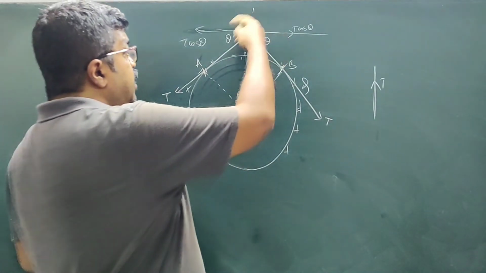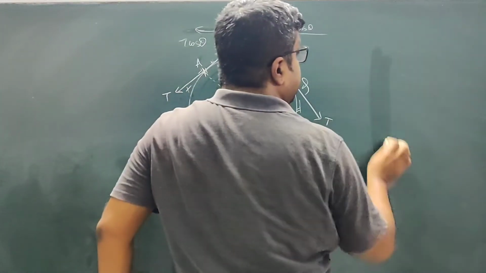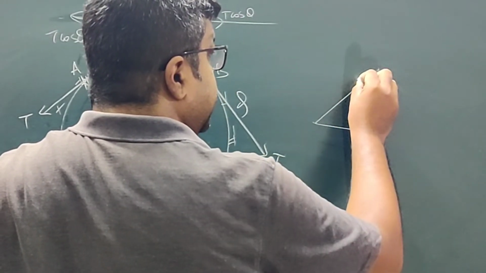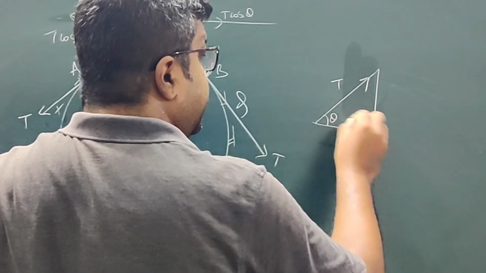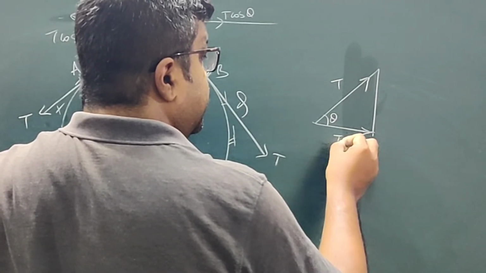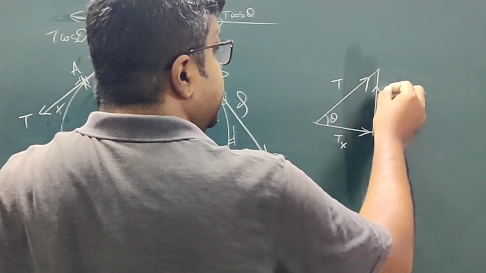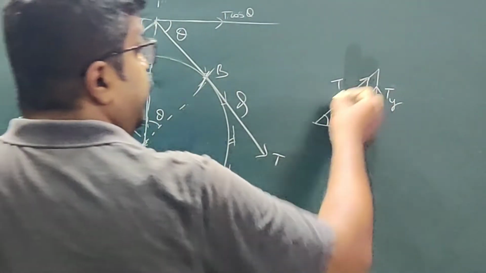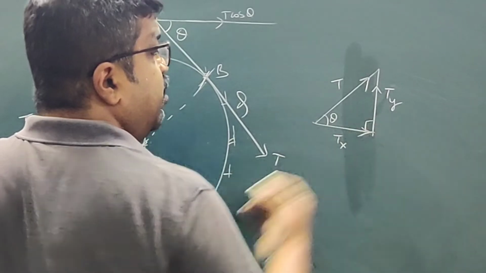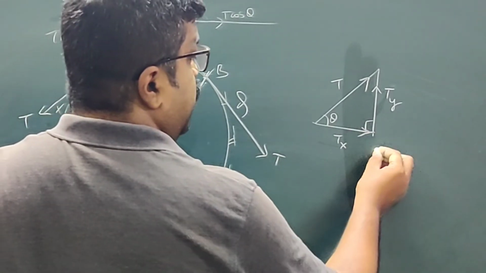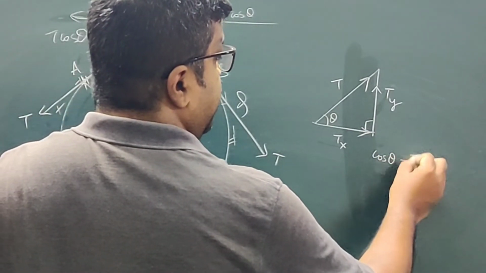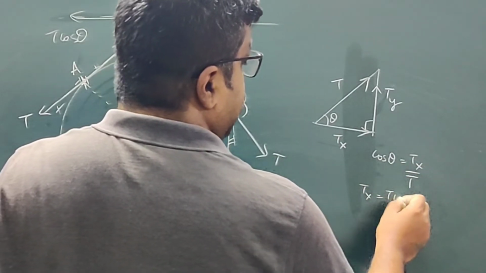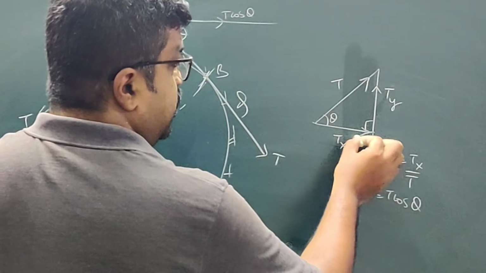Now here again, if you have a doubt: this is T, this is theta, this is Tx, this is Ty. Suppose this is a right angle triangle. What will be cos theta? Cos theta will be Tx by T, so Tx is equal to T cos theta.